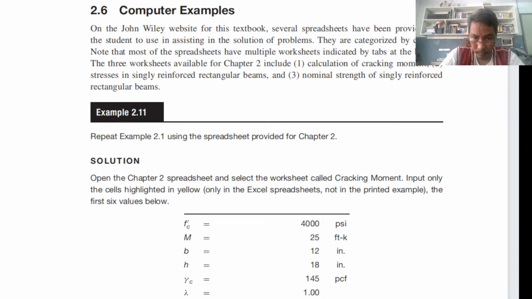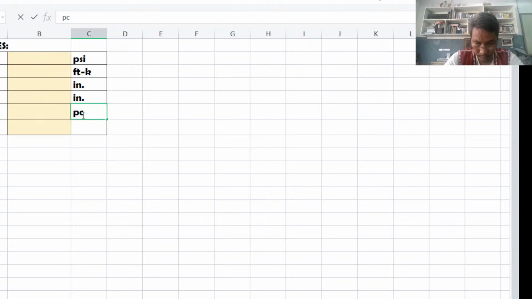Then gamma c. So that is actually density, right? pcf. So pcf means pounds per cubic foot. So this is gamma c, meaning density of concrete.